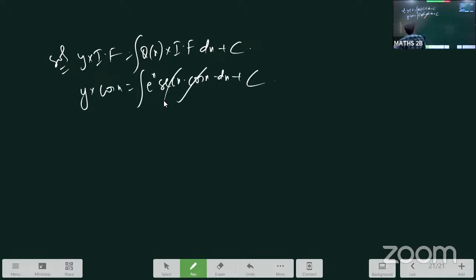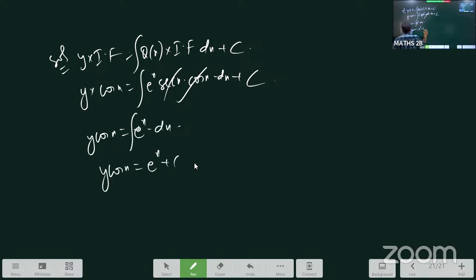But cos and secant are reciprocal to each other, so they get cancelled. So y cos x equals integration of e power x dx. Integration of e power x is e power x only. So y cos x equals e power x plus c. Is it clear?